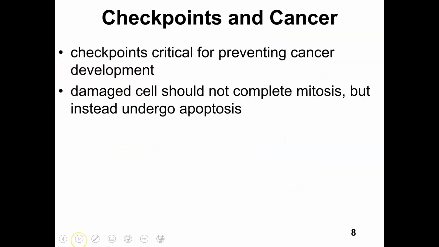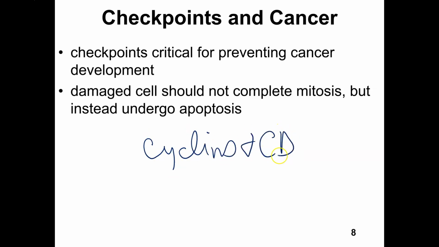I am going to actually stop here. Well, I'll quickly tell you that the function of checkpoints, the function of these cyclins and CDKs, are to protect us and prevent diseases such as cancer.